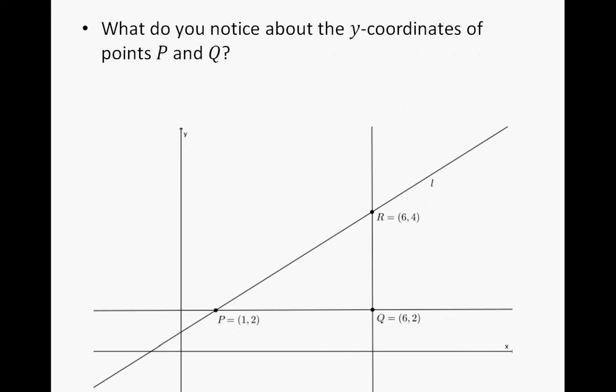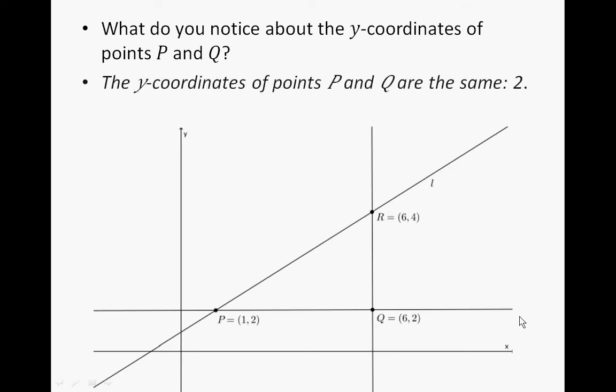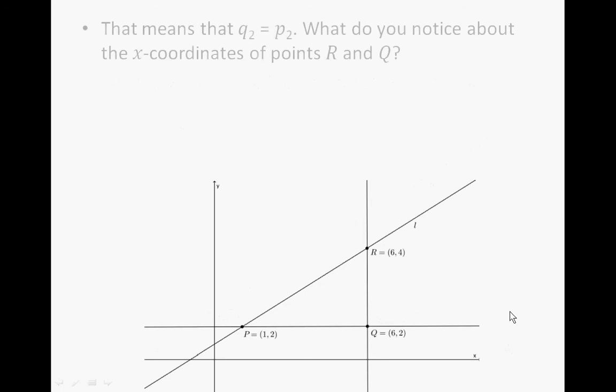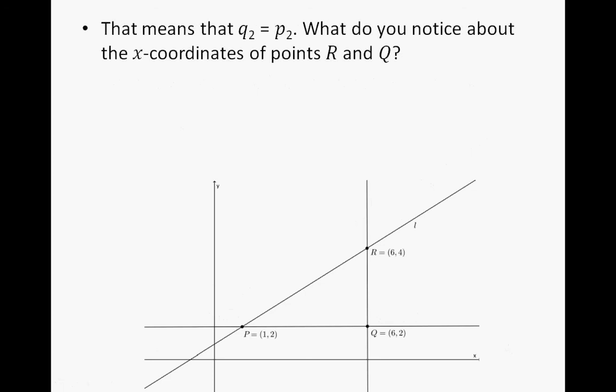So what do you notice about the y-coordinates of point P and Q? Look at the y-coordinate of P and the y-coordinate of Q. You should see that the y-coordinates are both the same. They are 2, here's 2 and 2. So that means that Q sub 2 is equal to P sub 2.